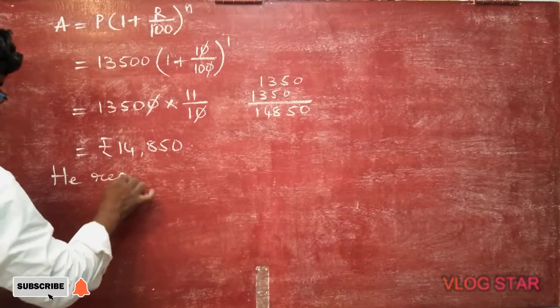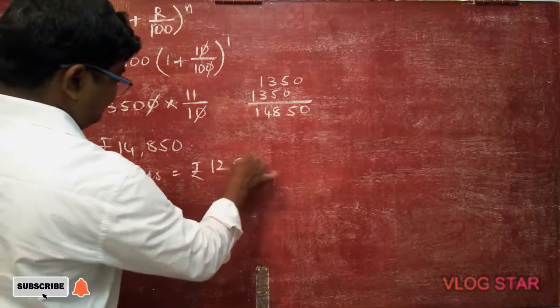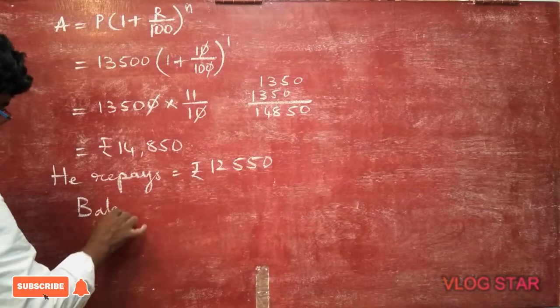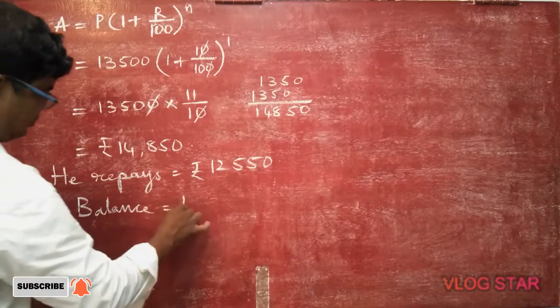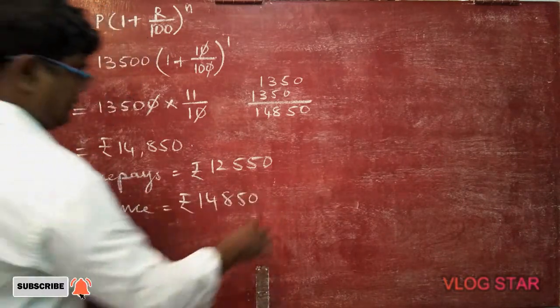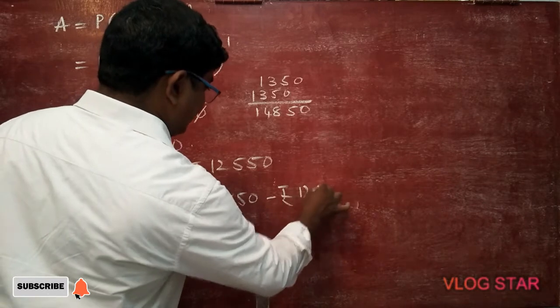Now how much does he repay? He repays rupees 12,550. So balance, how much? Remaining amount. Balance is equal to rupees 14,850 minus rupees 12,550.